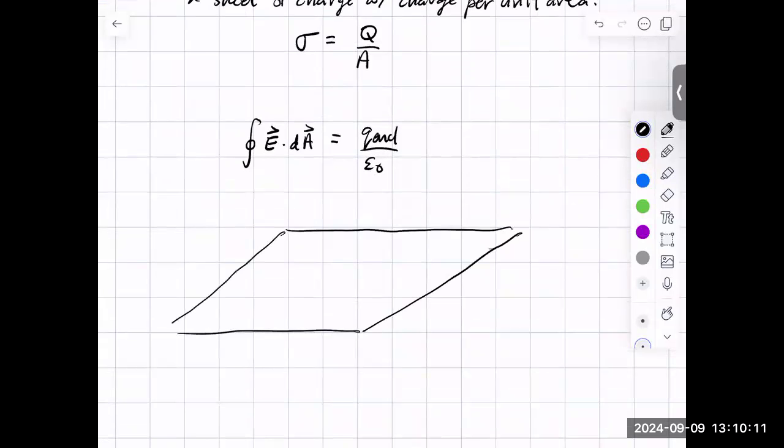This could be the top plate or the bottom plate, it doesn't matter. And we can make a Gaussian surface that intersects our sheet and then goes underneath it like so.